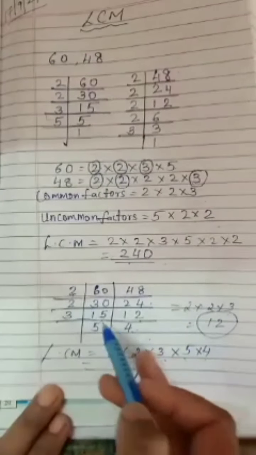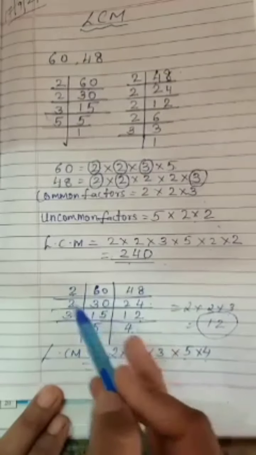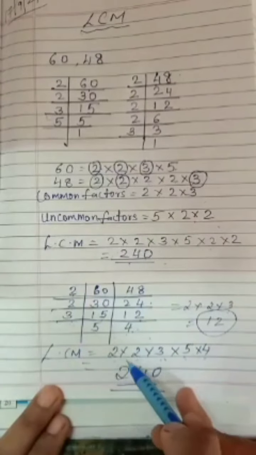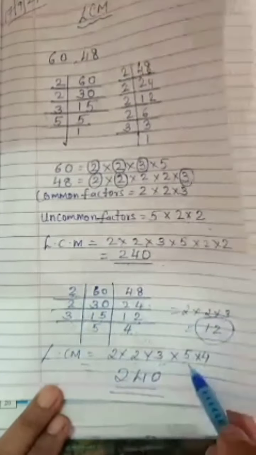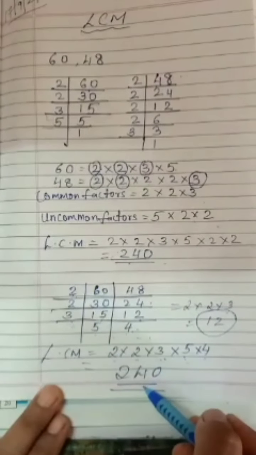And for LCM we are going to multiply the remaining numbers, that is 5 and 4, as well as the factors 2 into 2 into 3, that is the HCF we have, and we get the LCM.